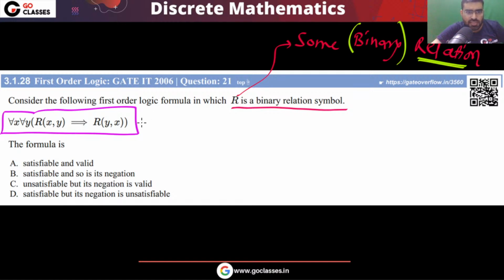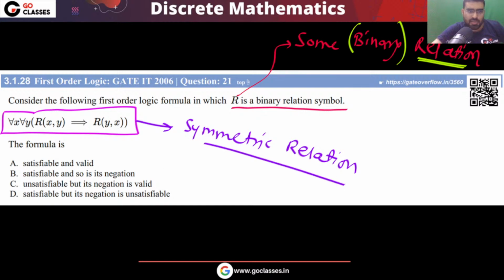This is the definition of a symmetric relation, right? Symmetric relation means for every x, for every y, if x is related to y, then y is related to x. Remember this. You can write R(a, b), or you can also write a R b. Both are correct.